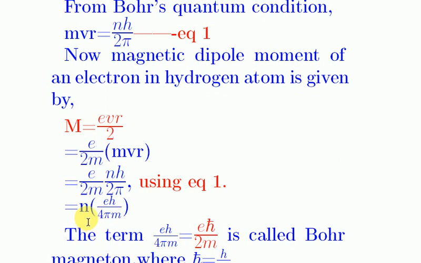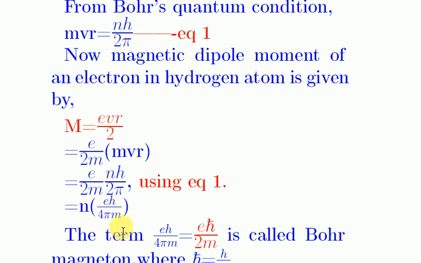Now if we put n equal to 1, then the equation becomes M equal to eh by 4 pi m. So if we use n equal to 1 in this expression, we get the magnetic dipole moment of an electron at first Bohr orbit, which is equal to eh by 4 pi m. And this is known as Bohr Magneton.